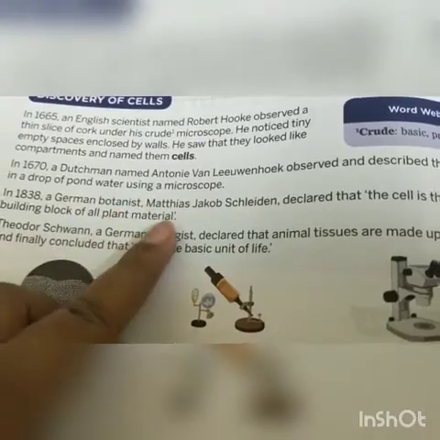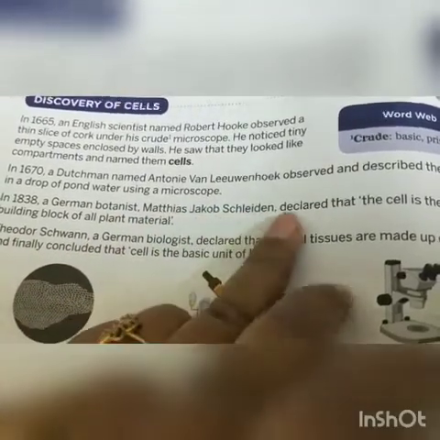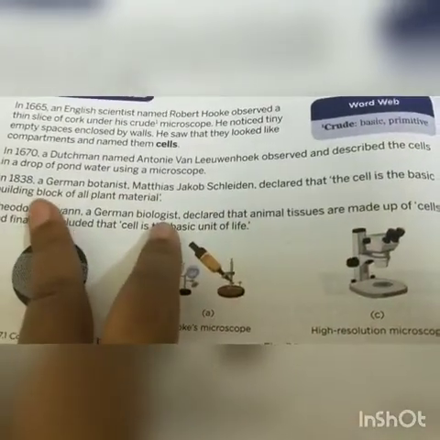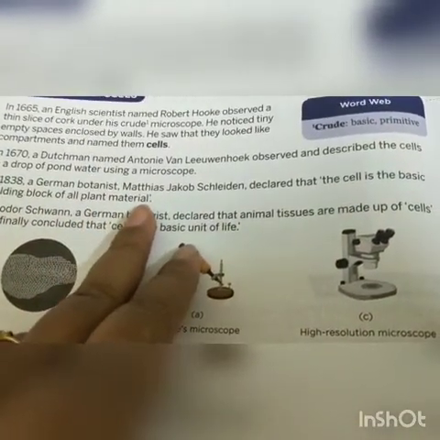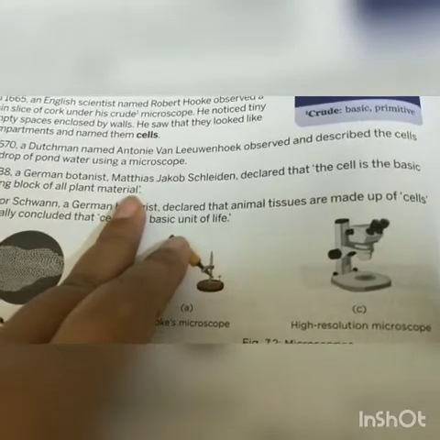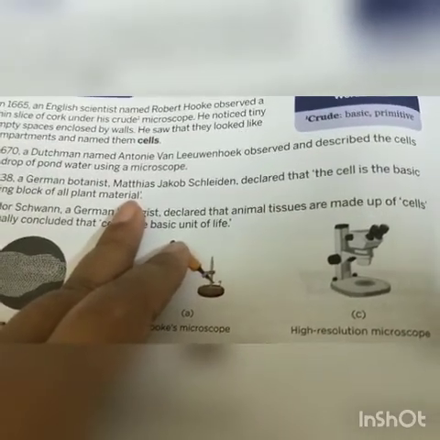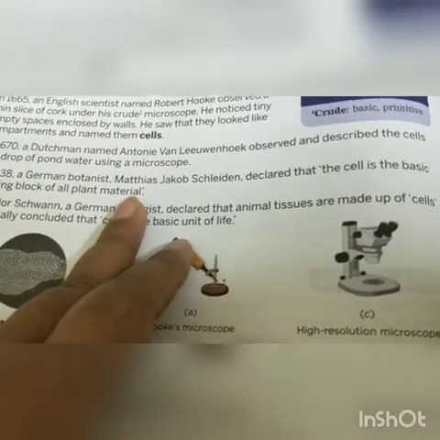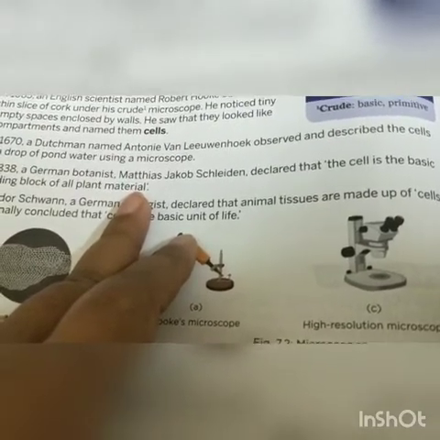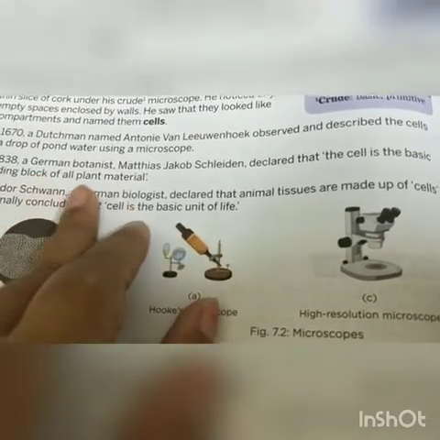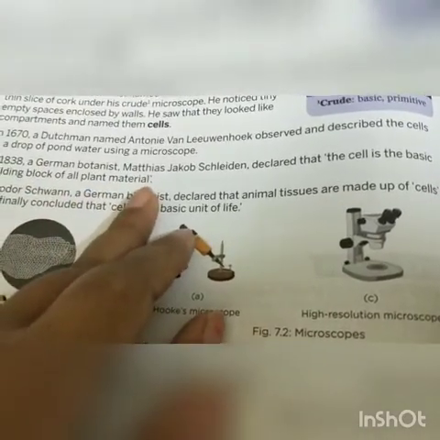So German botanist Matthias Jacob Schleiden declared that the cell is the basic building block of all plant material. He generally studied plants, so he discovered that cells are present in plants also. So he declared that the cell is the basic building block of all plant materials.